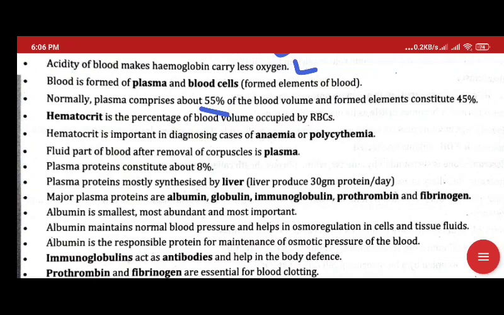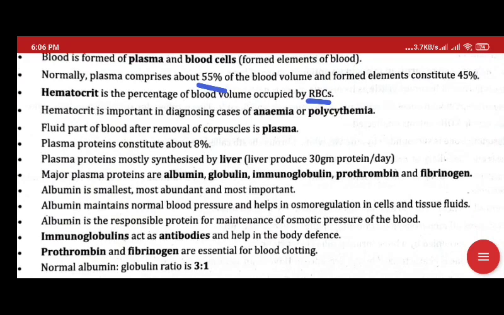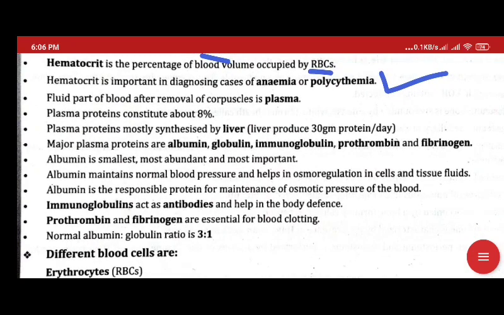Hematocrit means the blood volume occupied by RBCs, which contain hemoglobin. If the diagnosis shows low values, that is anemia, because anemia is caused by deficiency of hemoglobin. The other part is plasma, 55% plasma and 45% formed elements.